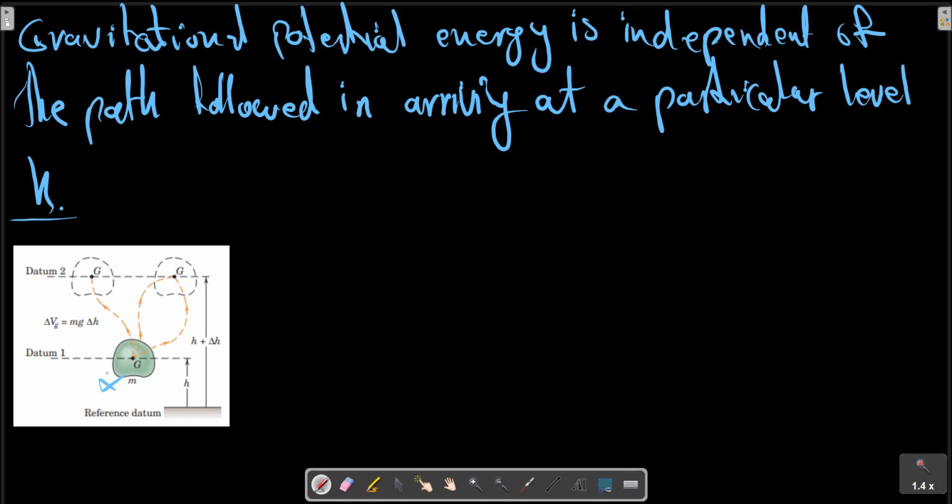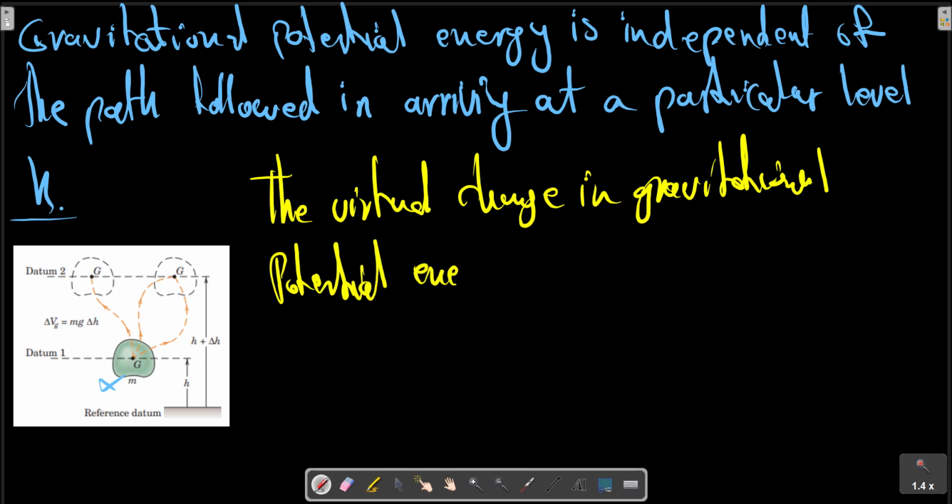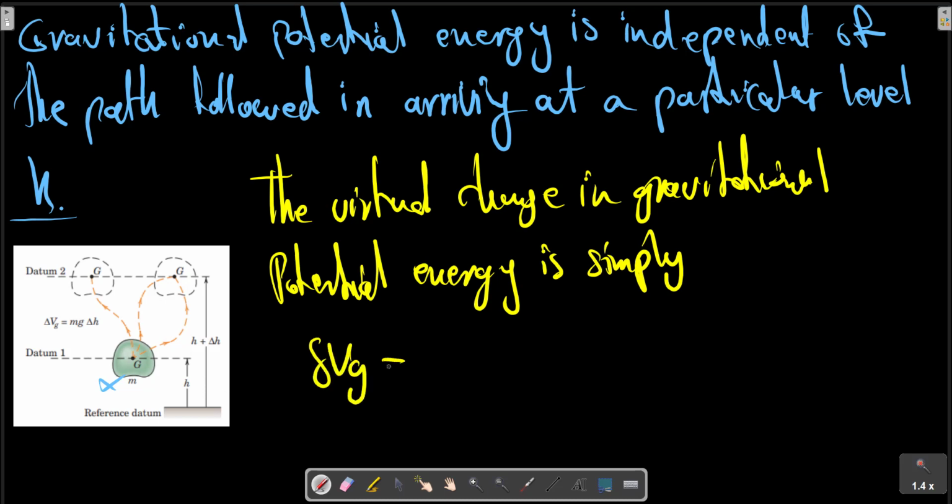The virtual change in gravitational potential energy is simply delta Vg equals mg delta H, where delta H is the upward virtual displacement of the mass center.